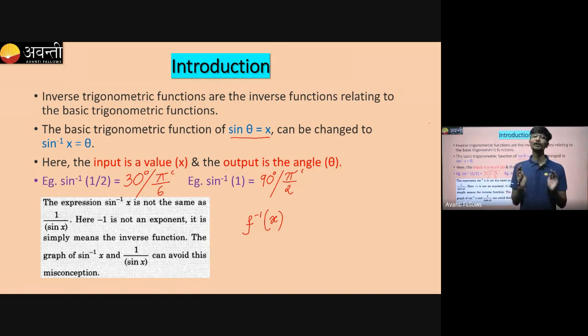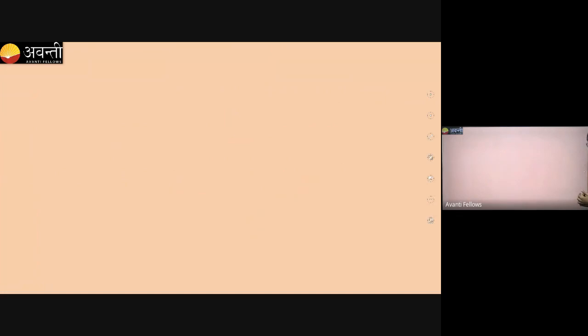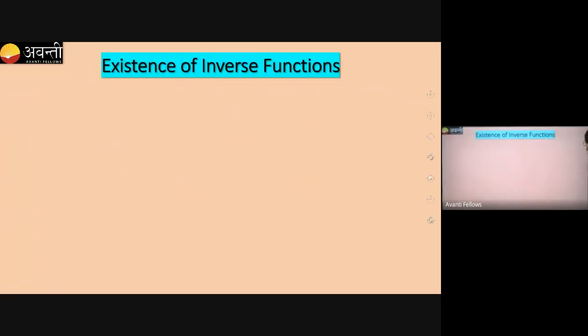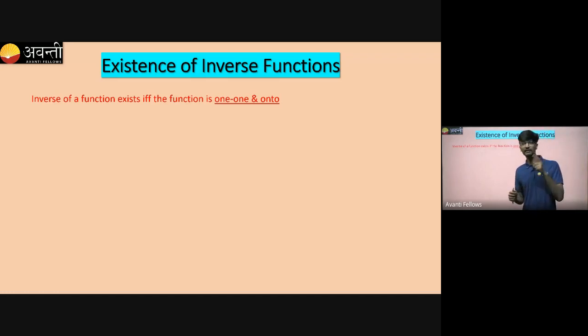I hope you remember what one-one and onto are. And if not, please don't worry, we are going to revise that. So let's see what one-one and onto functions are. Existence of inverse function: as we talked about, an inverse function exists if and only if the original function is one-one and onto.